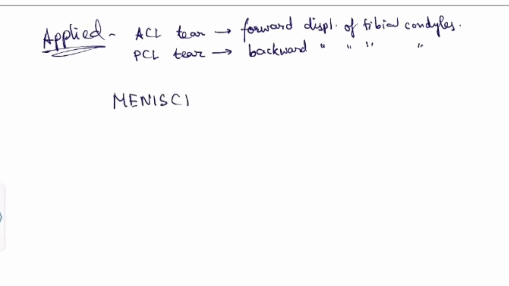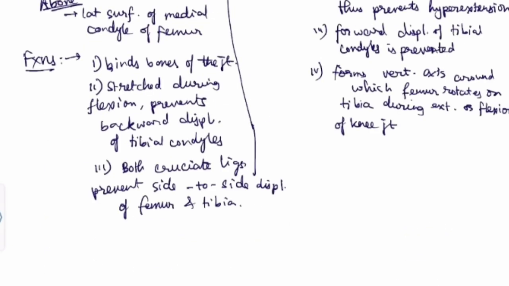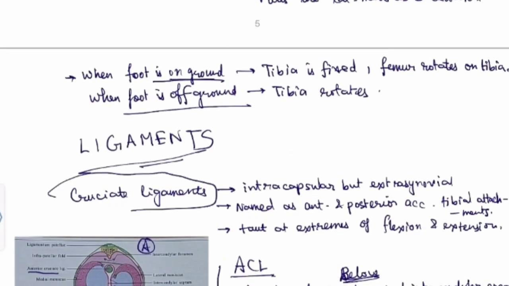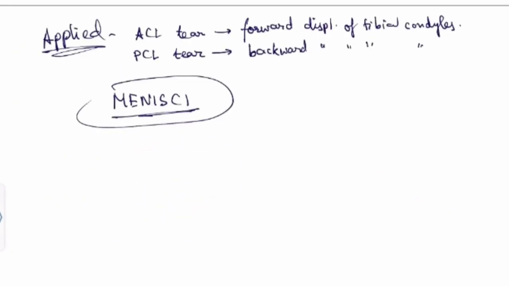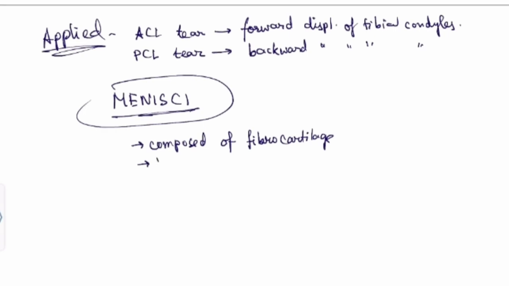Menisci. After going on to the menisci, I will tell you about some applied anatomy points which are actually a part of both, meaning the menisci, the cruciate ligaments, and the collateral ligaments. They are composed of fibrocartilage, are an incomplete partition, and intervene between condyles of femur and tibia.